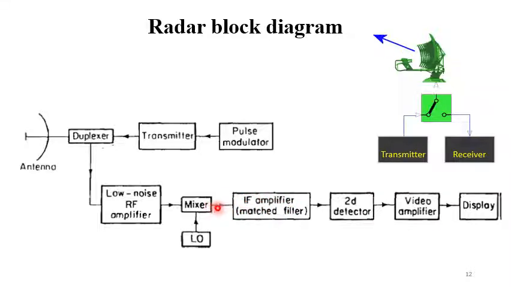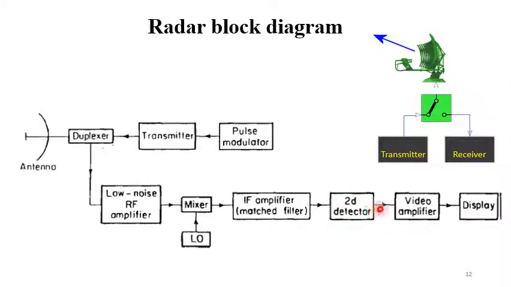After this mixer we have the IF amplifier. Also there is an IF filter, and in radar terminology we can call it a matched filter, because it will maximize the signal to noise ratio. The output of the IF amplifier is connected to the second detector, that is the demodulator.